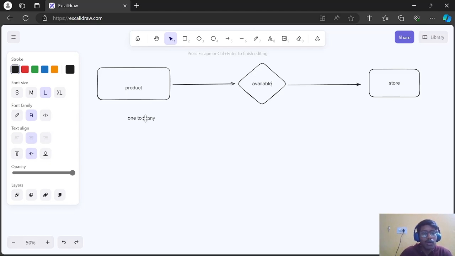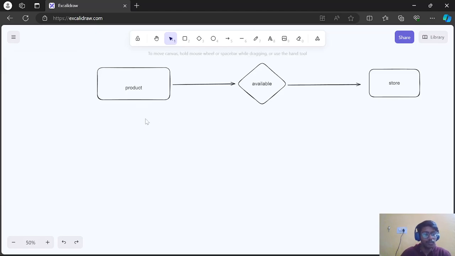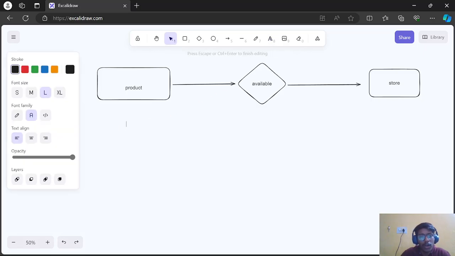So what can this relationship be? A store can have multiple products, like groceries, electrical appliances, stationery, books, pens, etc., all in one store, right? So we can take that as a many to one.